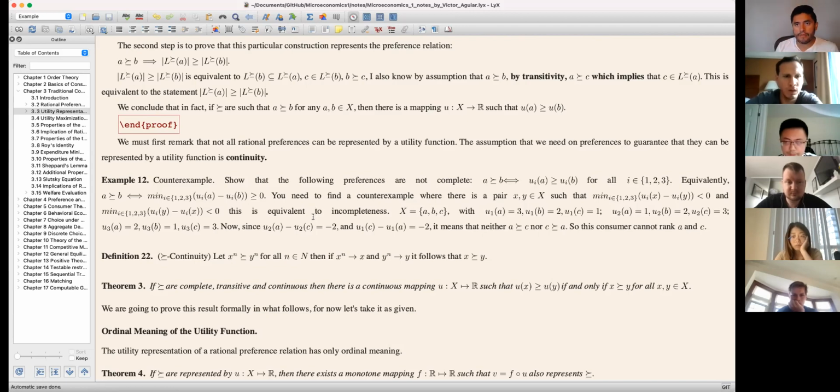Okay, thank you. So again, one thing that I want you to realize. This example basically allows me to clarify that there are other models besides utility maximization. First thing.